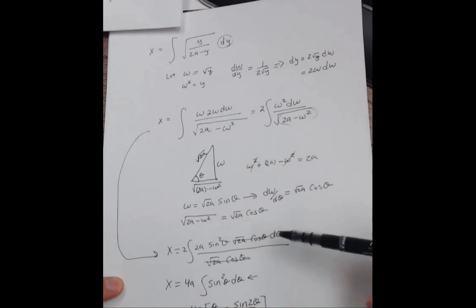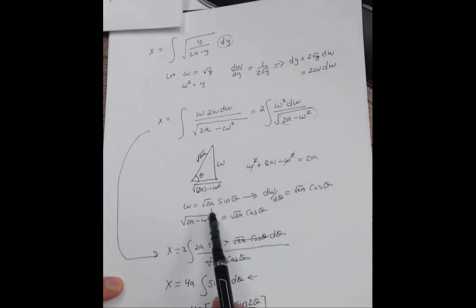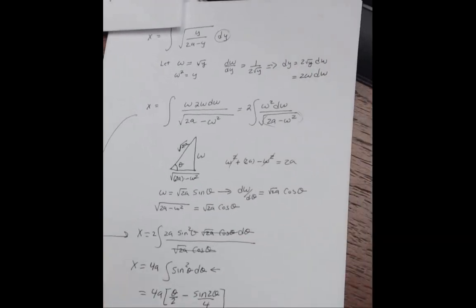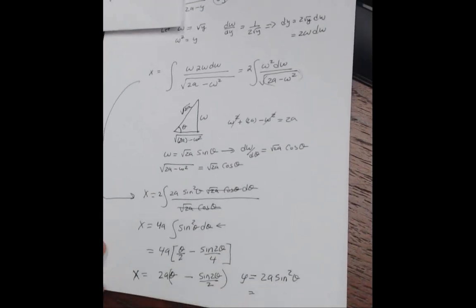And what is w? W is this right here. So I get 2a sine squared theta. Or you can write it as 2a times 1 minus cosine squared theta. So that's y.